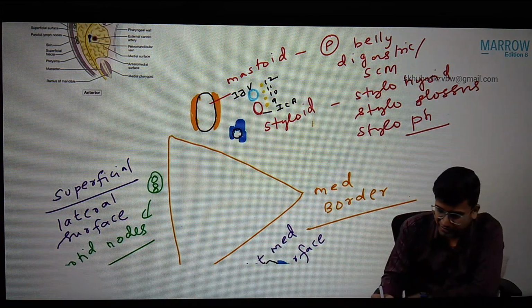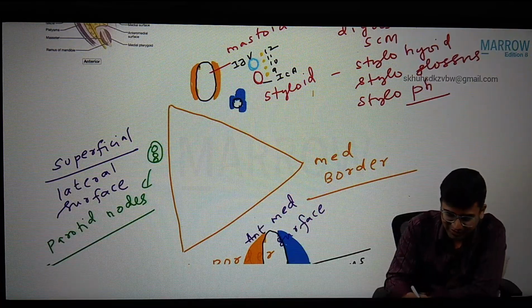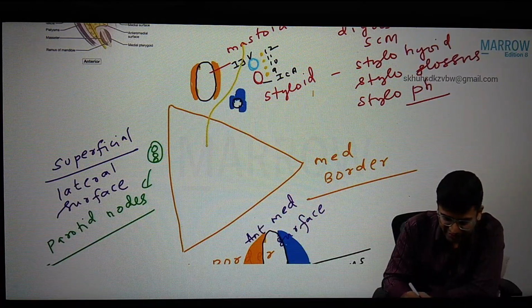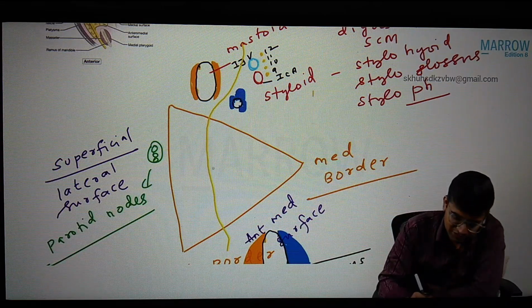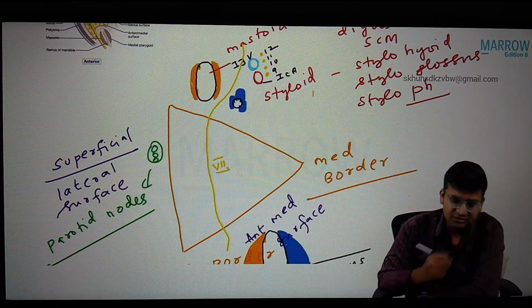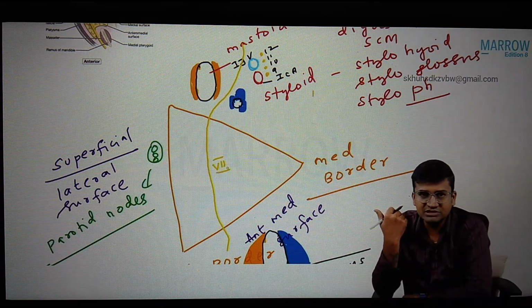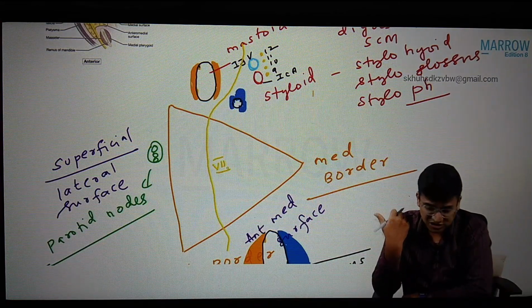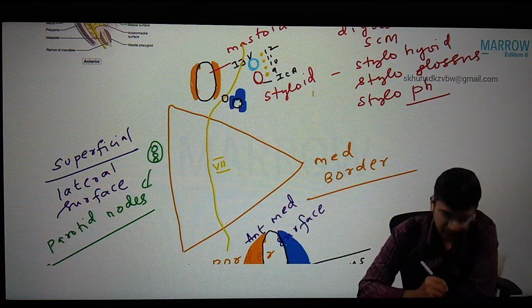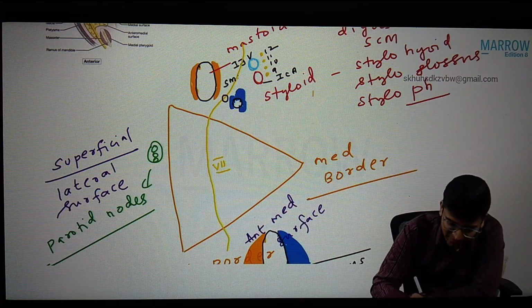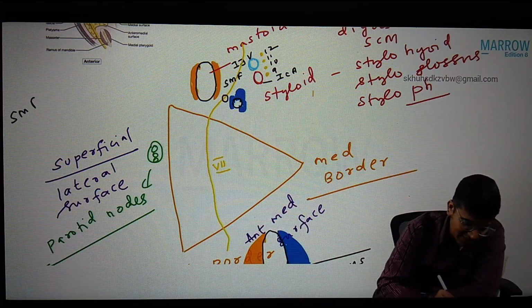Now, between the styloid process and mastoid process, we have the stylomastoid foramen, and the facial nerve passes through and enters the parotid gland. So this is our facial nerve. I told you, the facial nerve emerges from the skull through the stylomastoid foramen. I'm writing it as SMF, stylomastoid foramen.